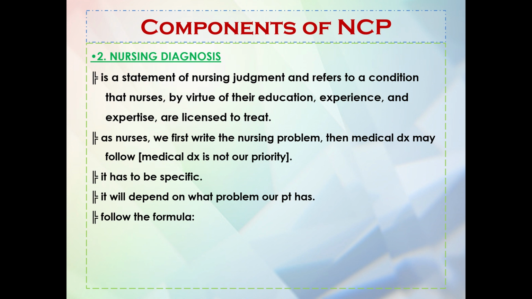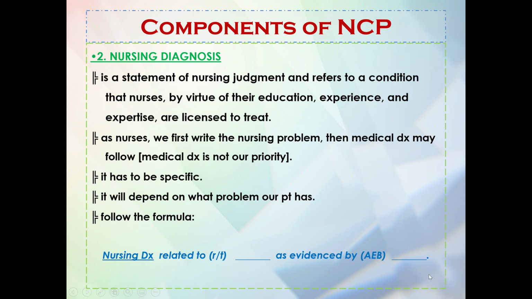Now, we follow a formula here. This is the three-part nursing diagnosis statement. You have the nursing diagnosis, the problem, then the related to, or the etiology, and then the as evidenced by, the signs and symptoms.